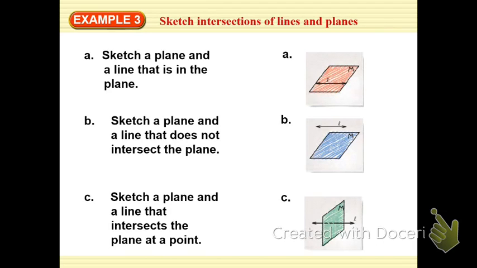There's an example of that. See how they made, when they drew this line to show that it goes through the plane in one point, where it intersects the plane, after that they made a dotted line. That means this line is behind the plane. You wouldn't be able to see it.